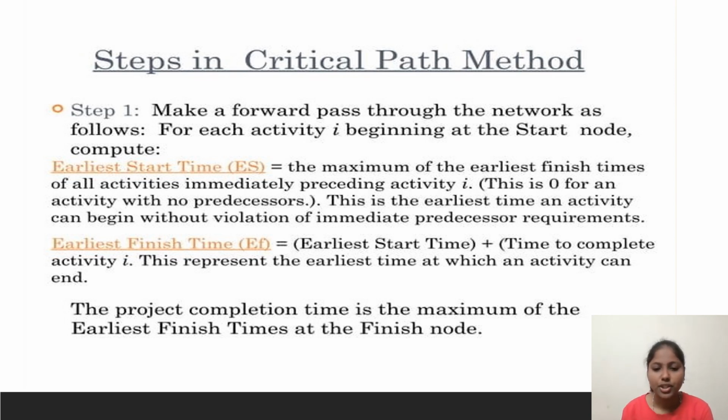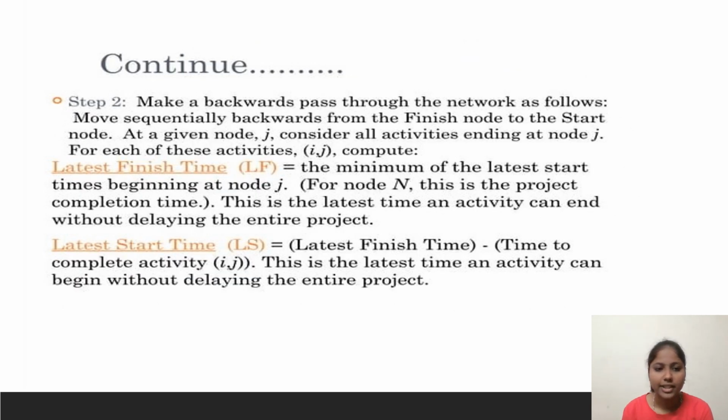The project completion time is the maximum of the earliest finish times at the finish node. Then step 2, make a backward pass through the network as follows. Move sequentially backward from the finish node to the start node.